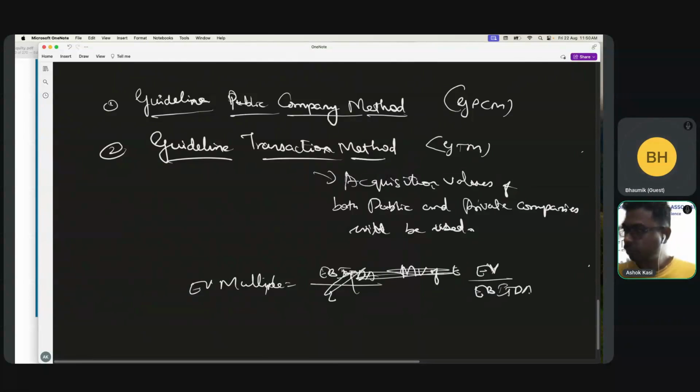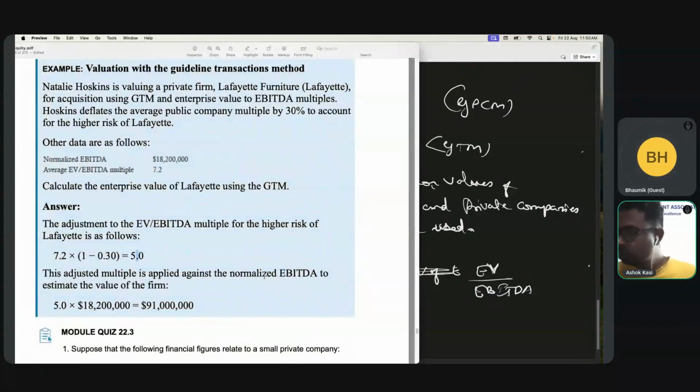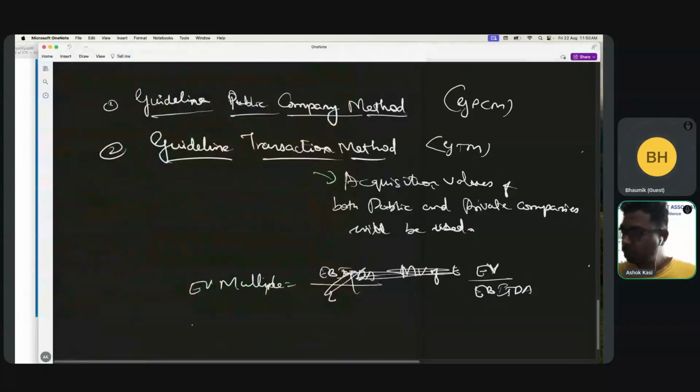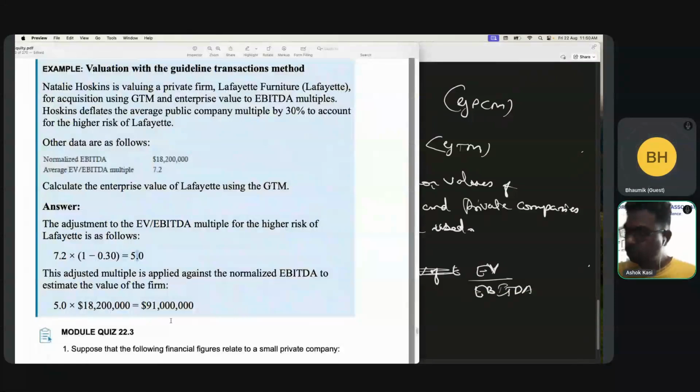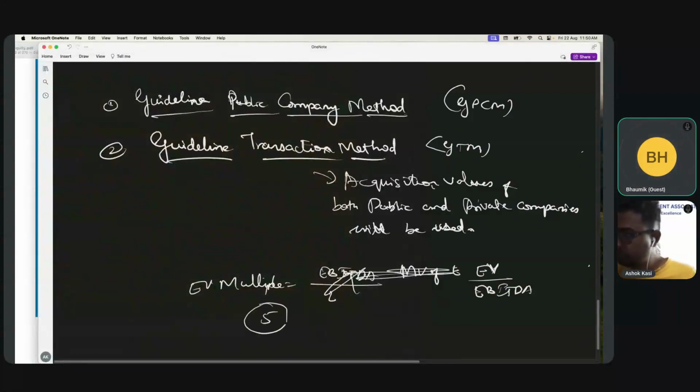That is the formula. On this basis they have calculated it. So the multiple is 5.